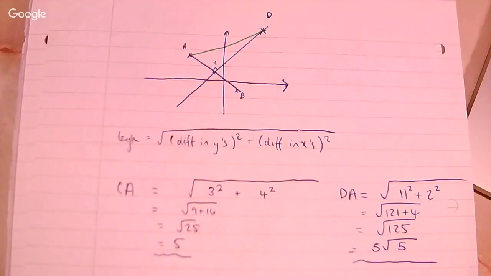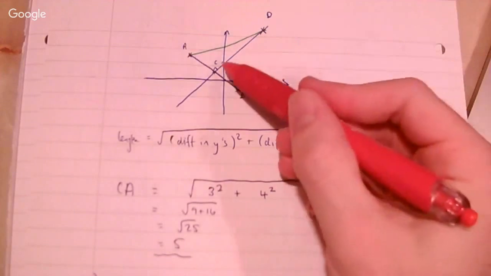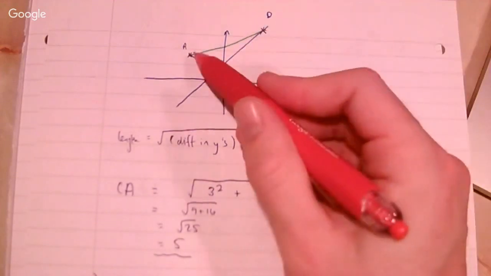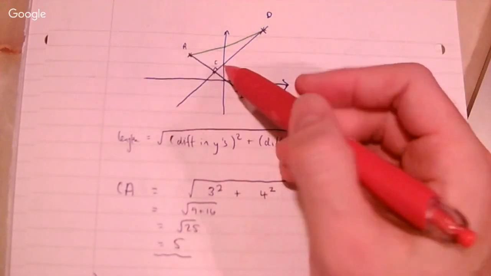The next and final bit for this question, part 3, says: hence show that the value of sine ADC may be expressed in the form 1 over root A, where A is an integer whose value is to be found. It sounds really tricky, but it's really not that bad. You're looking at a right angle triangle. There's DA, there's CA. We've just found the values of those.